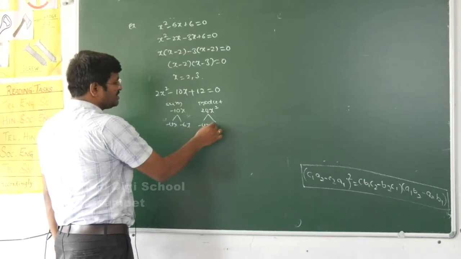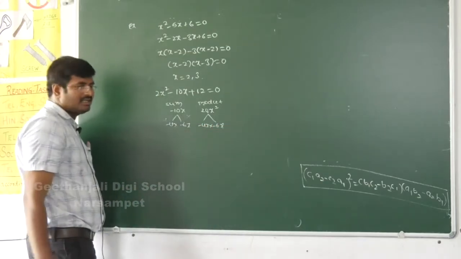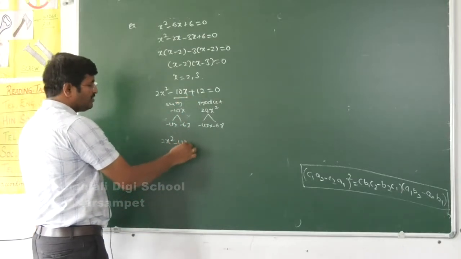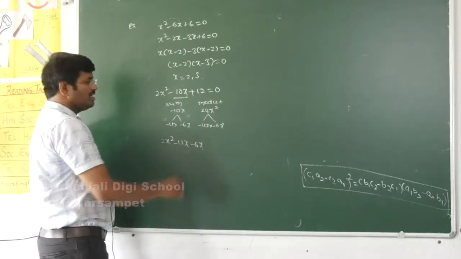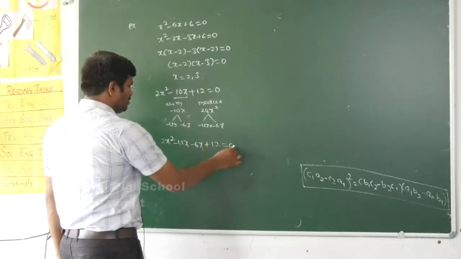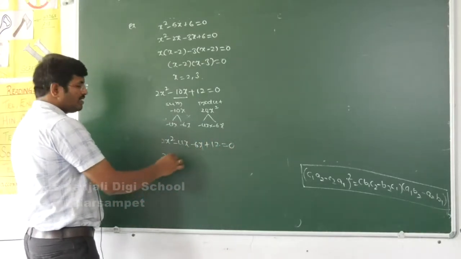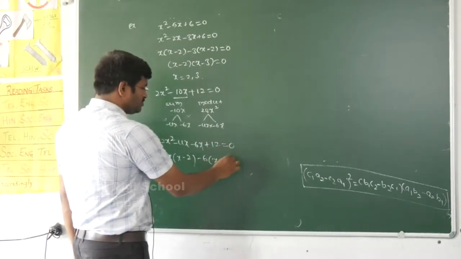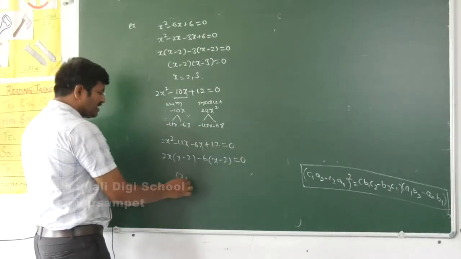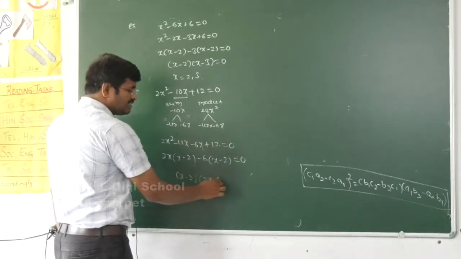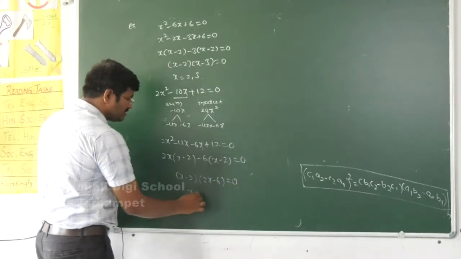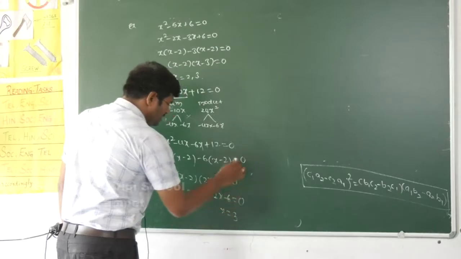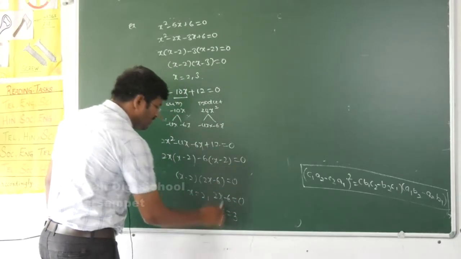Then 2x square minus 4x minus 6x plus 12 is equal to 0. Take 2x common, x minus 2, minus 6 common, x minus 2 is equal to 0. Then (x minus 2) into (2x minus 6) is equal to 0. Then x is equal to 2, and 2x minus 6 is equal to 0, so x is equal to 3. So x is equal to 2, 3.